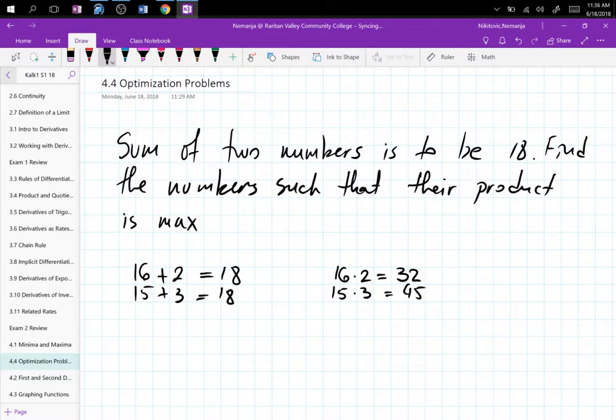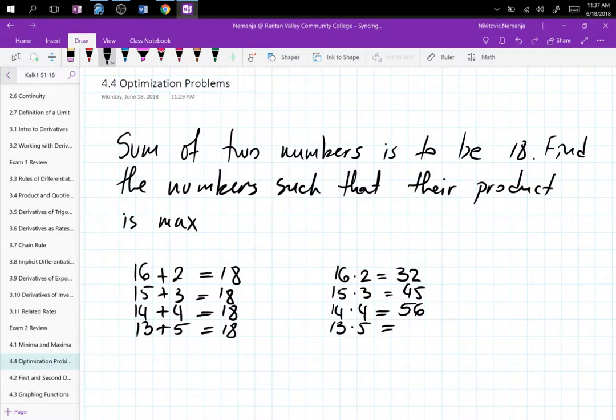That's clearly better, right? And then you say, keep going. 14 plus 4 gives you 18. Sure, 14 times 4 is 56, better, right? Keep going. 13 plus 5 is 18. Okay, 13 times 5 is? Anyone? Very good.